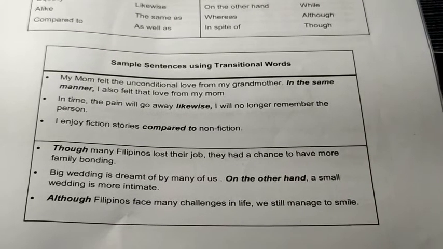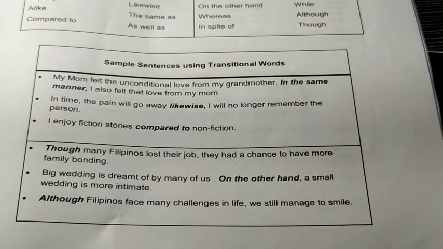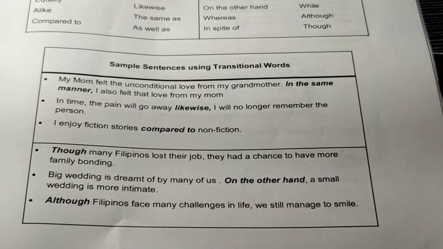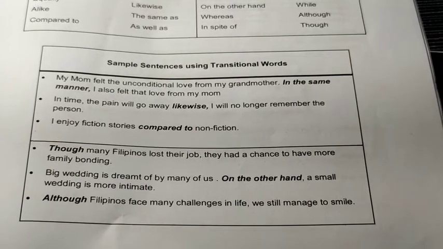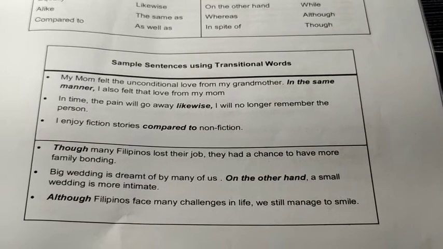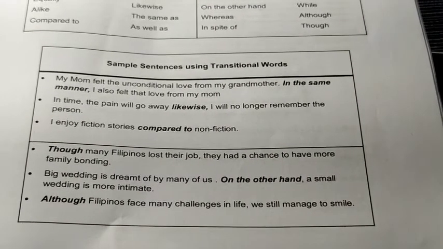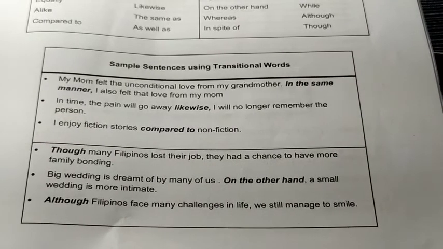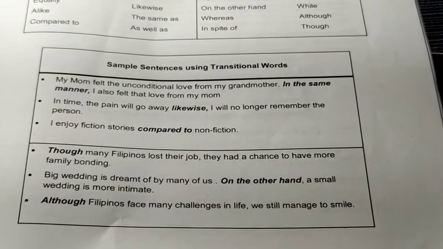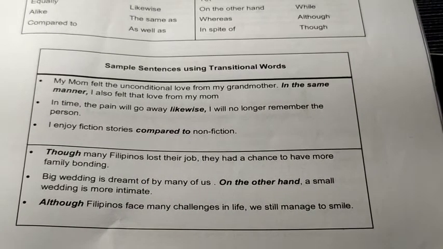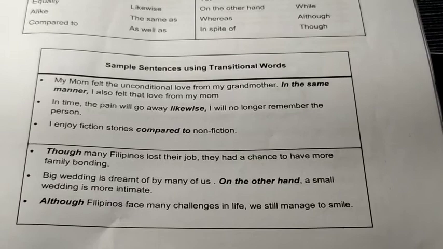I enjoy fiction stories compared to non-fiction. The second one will be, though many Filipinos lost their job, they had a chance to have more family bonding. Big wedding is dreamt of by many of us. On the other hand, a small wedding is more intimate. Although Filipinos face many challenges in life, we still manage to smile.